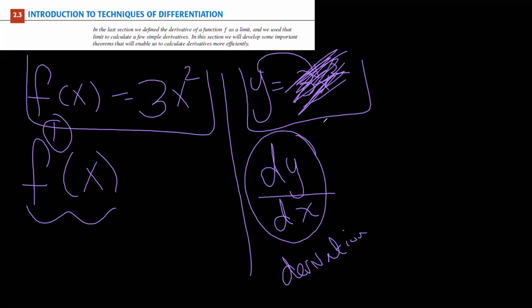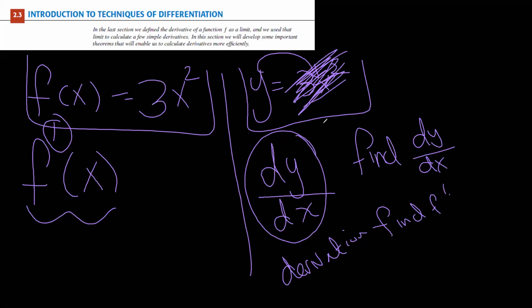Multiplication sentence means what? You have to multiply. If you find here, find dy over dx, or find f prime of x, it means I ask you now to find the derivative.